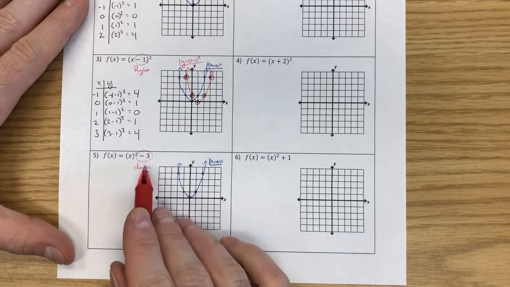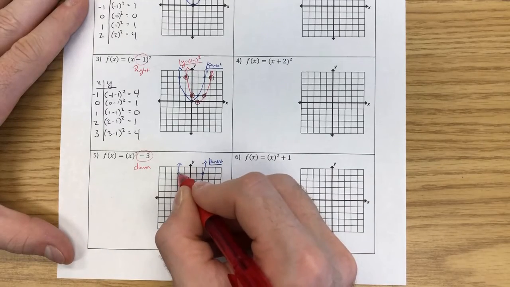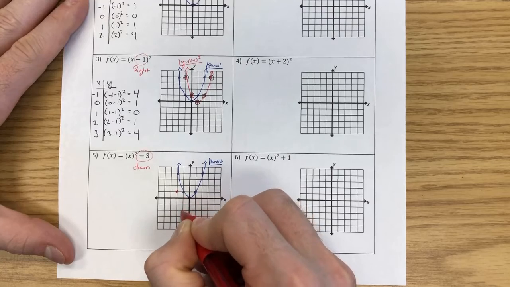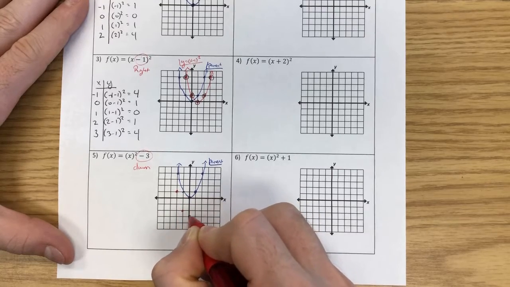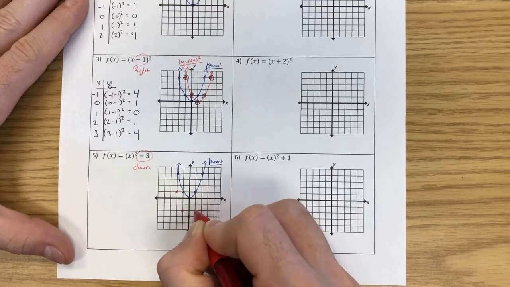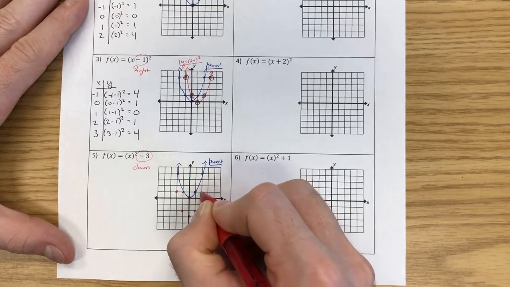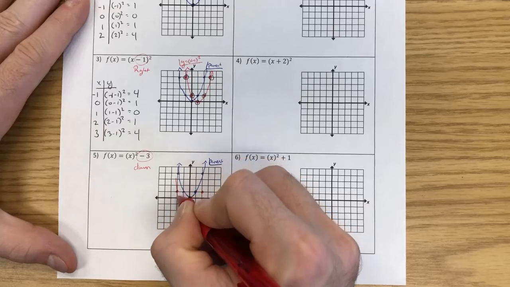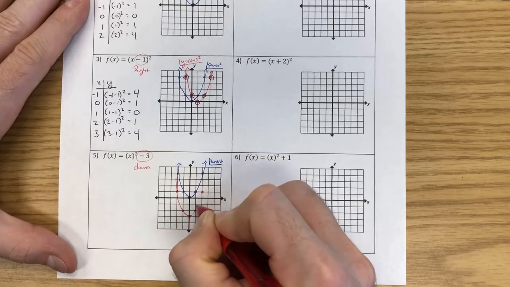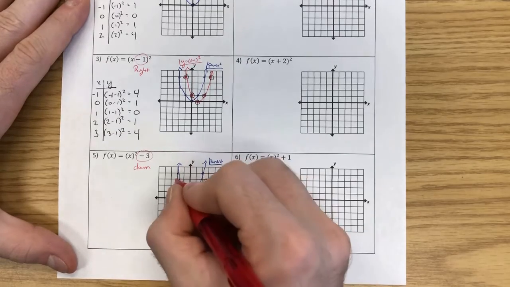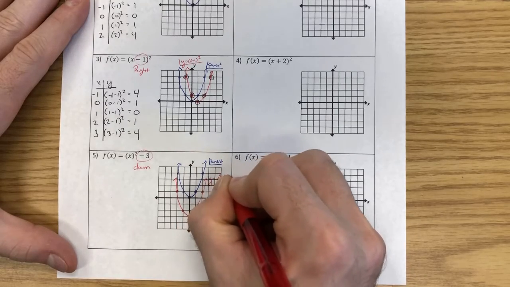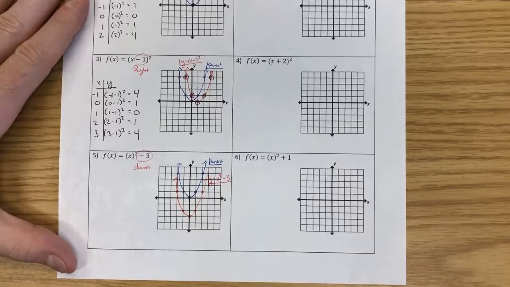I'm going to take each one of those points and shift it down by 3. So 1, 2, 3, 1, 2, 3, 1, 2, 3. And so it looks like my new function is down here. So y equals x squared minus 3.